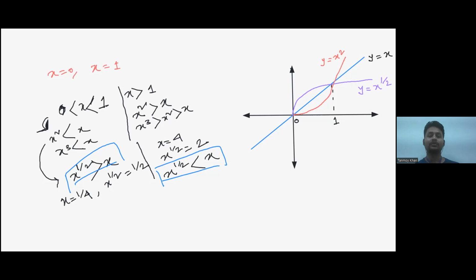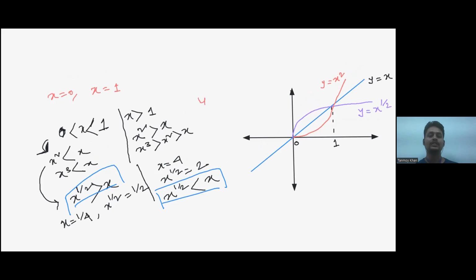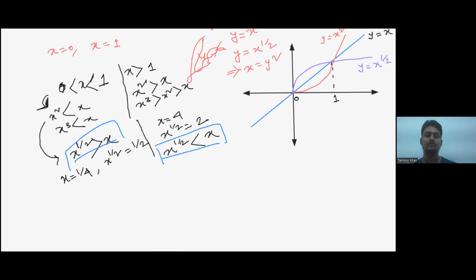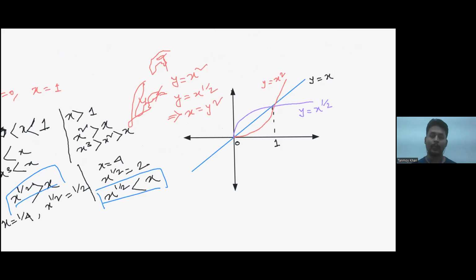Why does this become this way? Just see this: y equals x squared and x equals y squared. So if you just square it, it's nothing but interchanging of the axes.